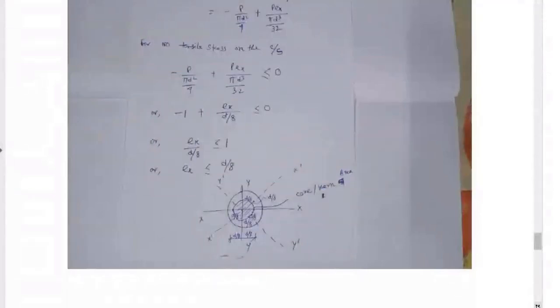Again, if we consider the y axis as the reference axis, we get ex less than or equal to d by 8. And if we consider the x axis as the reference axis, again we get ex less than or equal to d by 8.